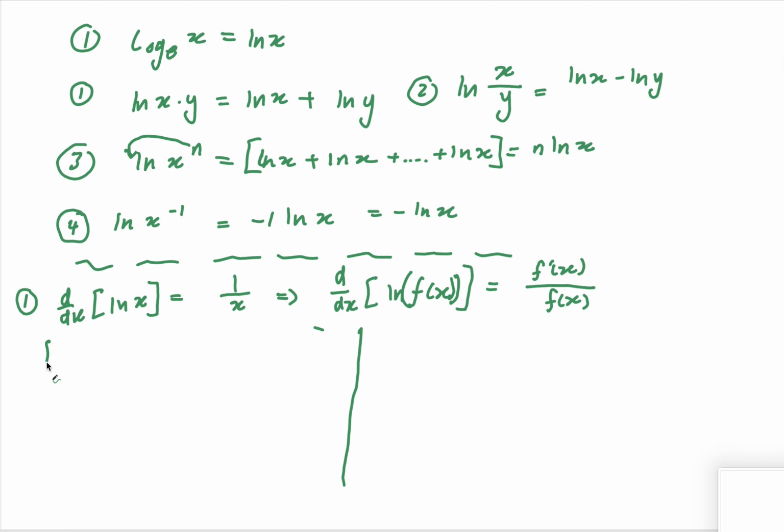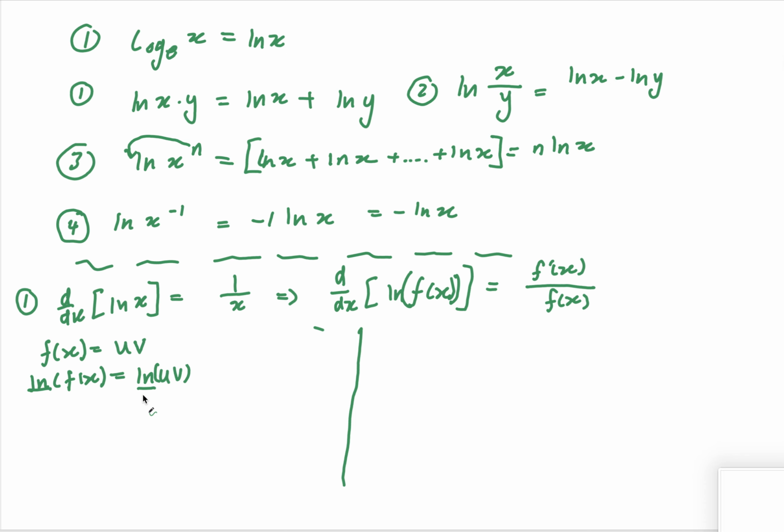So if we have f(x) equates to u times v, and now we apply ln on both sides, we have ln of f(x) equates to ln of u times v. So we apply ln on both sides.